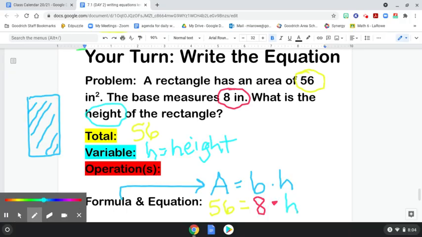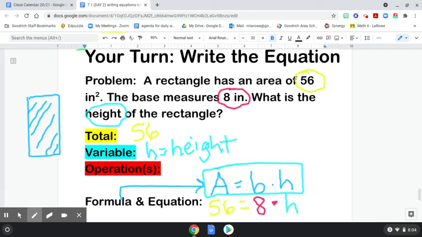So since your shape was a rectangle, our formula for rectangle area is A equals B times H. We're trying to find the information regarding the inside space. The problem is we know the area. All of this inside space covers 56 square inches. So the A gets replaced with the 56 total.